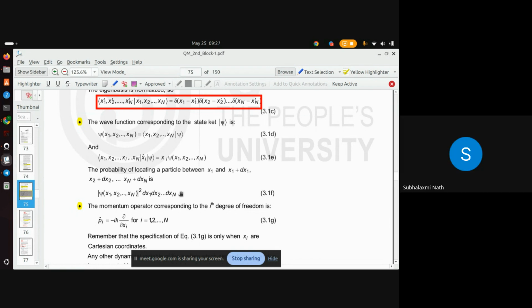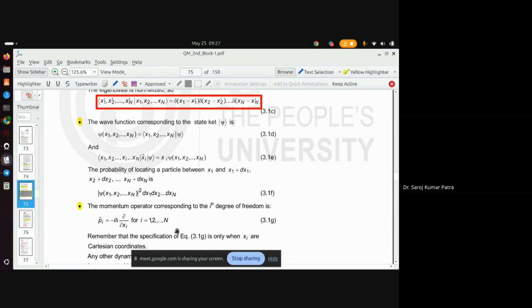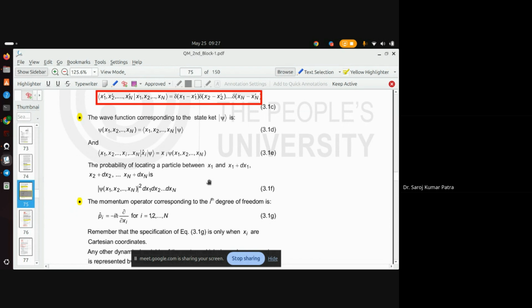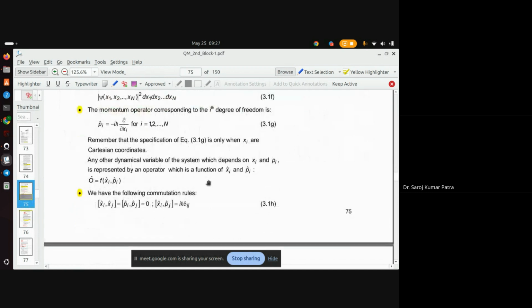Okay. So the momentum operator corresponding to the ith degree of freedom will be p_i equals minus i h cross del by del x_i, right? And we know in classical mechanics, if we have an observable, then it will be represented by an operator in quantum mechanics, right? If we have a system where we are dealing with position and momentum, then the observable can be expressed in terms of position and momentum.